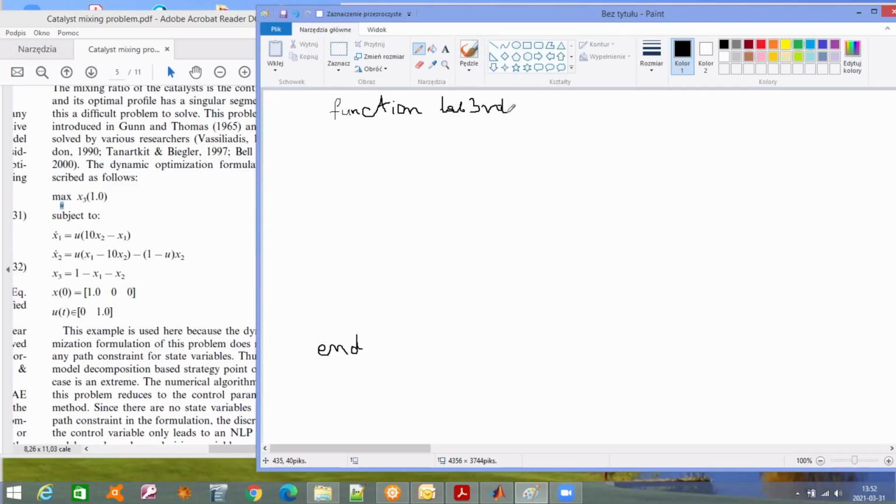And now we have T-span. It means the domain where our problem is solved, from 0.0 to 1.